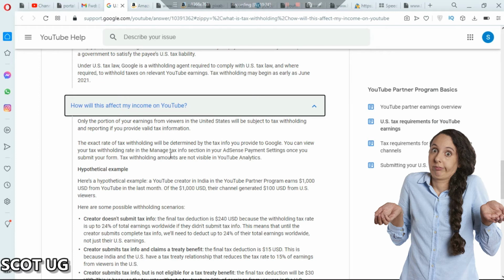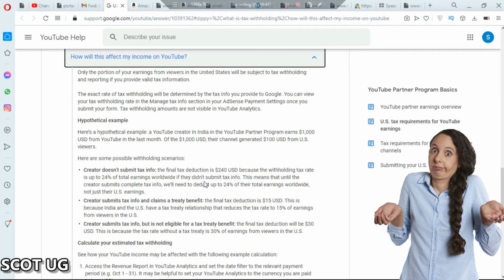So I would rather consider submitting the tax information than having over 24% deducted from my total worldwide earnings. For a small YouTuber, 24% is so much.